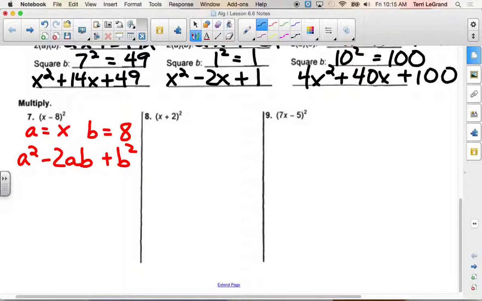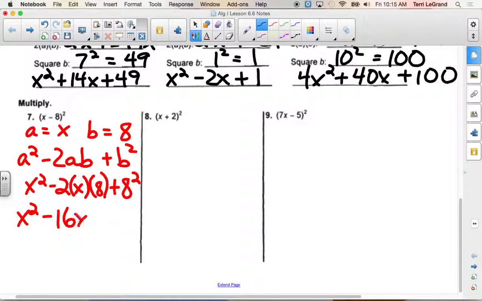Identify your A and your B, put your model down, substitute into your model, and simplify. So our perfect square trinomial should be x squared minus 16x plus 64.